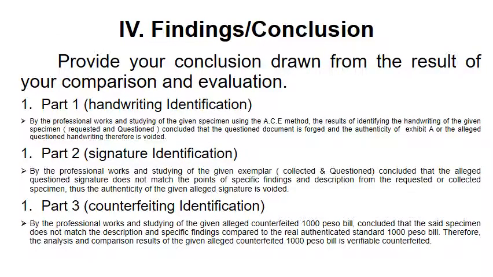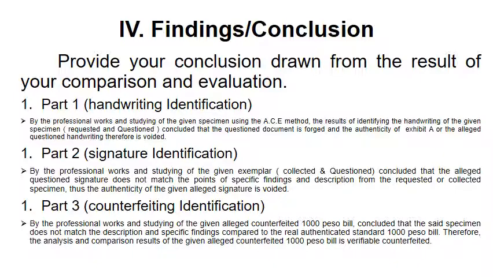So after all the findings and evaluation, we can now give our conclusion from the three parts of our workshop. In part 1, the handwriting identification, with the professional work and study of the given specimen using the ACE method, the result of identifying the handwriting of the given specimen, the requested and the questioned, concluded that the questioned document is forged and the authenticity of exhibit A, or the alleged questioned handwriting, is therefore voided.